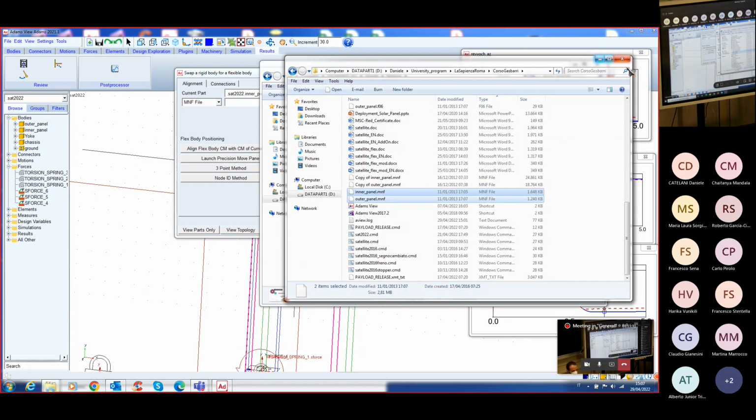So could someone of you guys please confirm that you can find the two files in the path? Okay, they are present. Okay, so they have it.